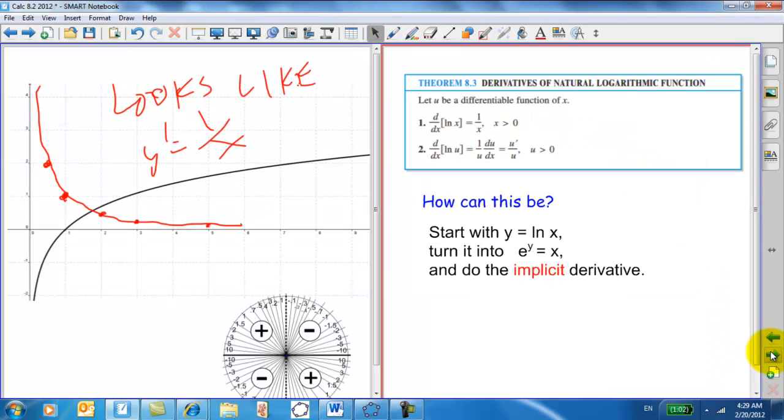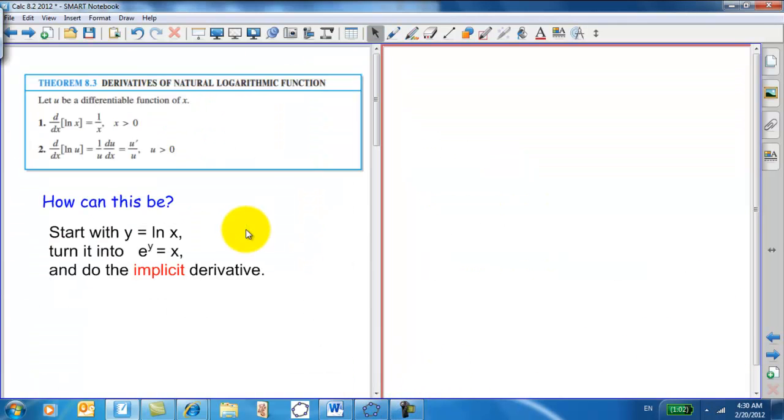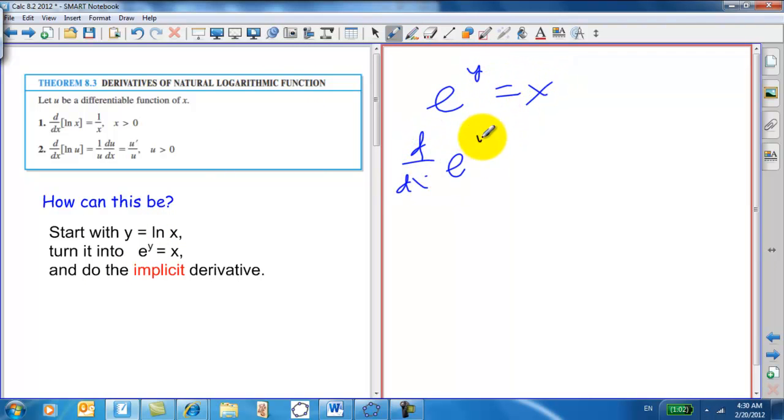Okay, let's see why. We're going to use some implicit differentiation here. That is, we've got e to the y equals x, and let's take the derivative of both sides with respect to x. The derivative with respect to x of x is 1.